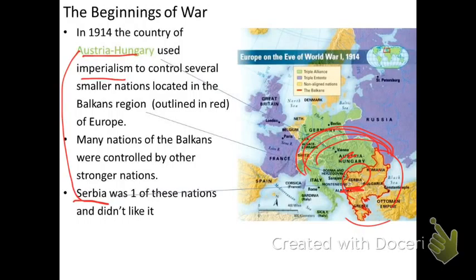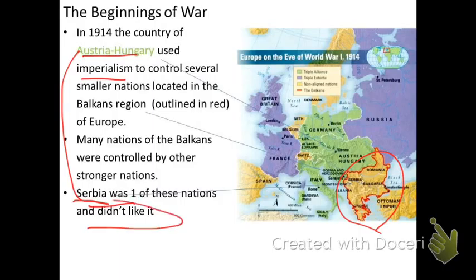It controlled many of the Balkan nations, and the Balkans are right there in red. Let me get all these lines out of the way so it's a little bit easier to see. So this area in red, those are the Balkan nations. They were controlled by other European powers, in particular the Austrians. One of the countries that was controlled was Serbia, and as you can well imagine, they didn't like it at all.